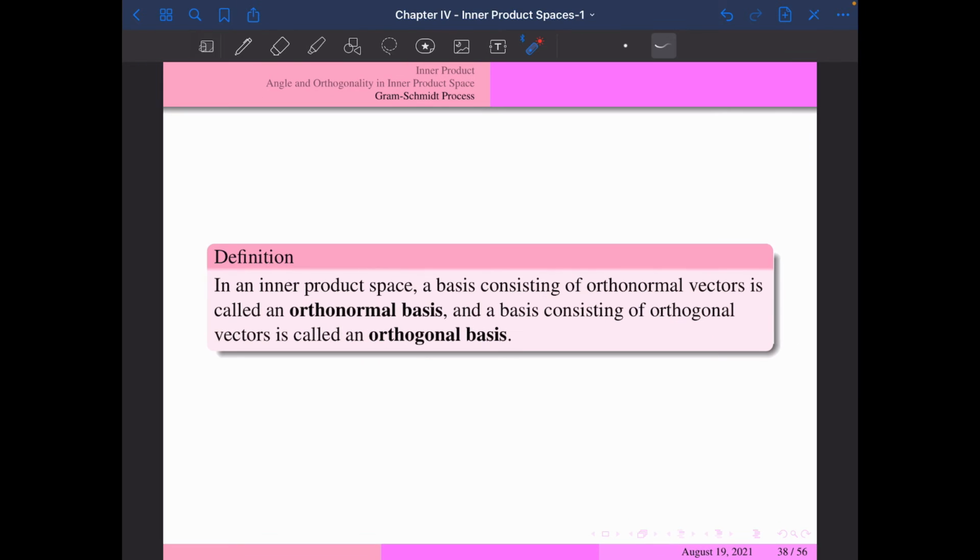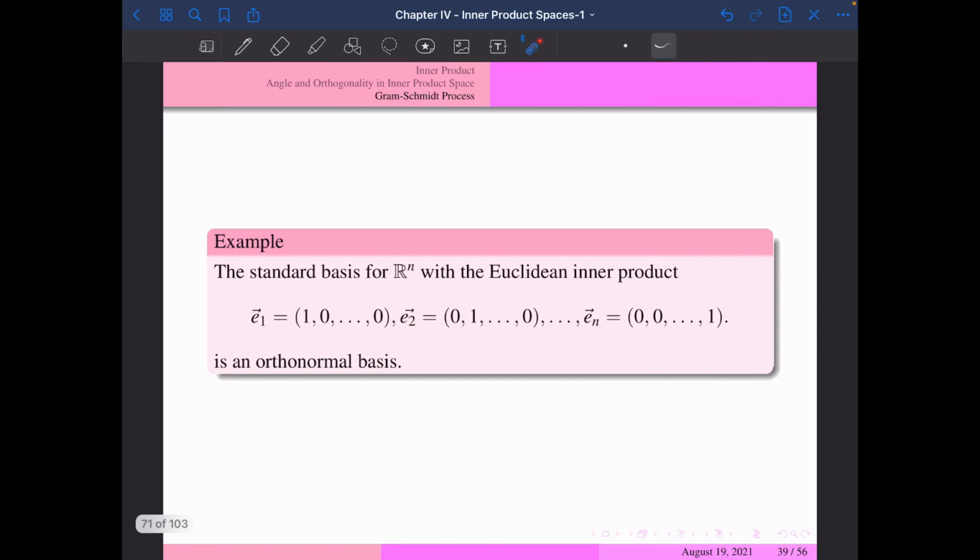Okay, so we will move to the next example. This one is very easy. We know that the set of E1 to En is the standard basis for Rn, right? If we use the Euclidean inner product, and we calculate the inner product of Ei and Ej, we have two cases.